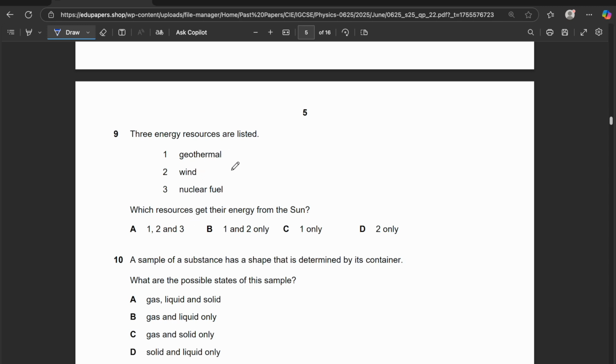Geothermal comes from the core of the earth, inside of the earth, so no. Wind does come from the sun, because the heat of the sun causes differences in temperature of the air itself, and then it causes convection currents, which causes wind. And nuclear fuel comes from the nucleus of the atoms. It has nothing to do with the sun, so 2 only. D.